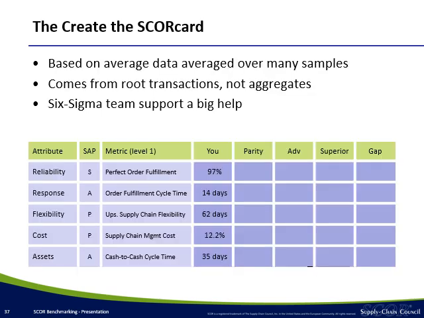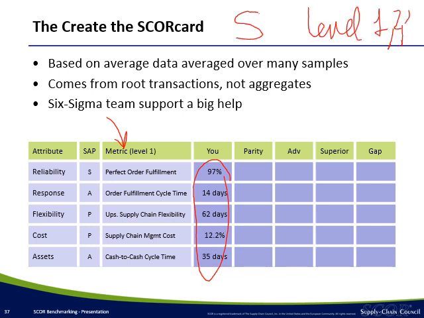After we finish, we have a value for each of these. We don't have it for level 1 only, as I show here. For anything that's S, we have levels 1, 2, and 3.